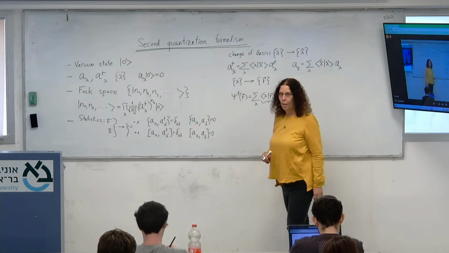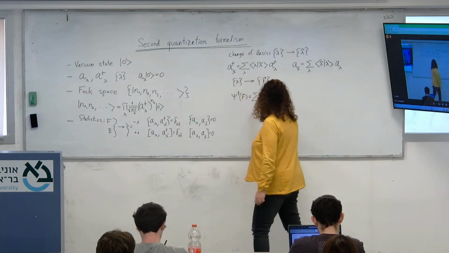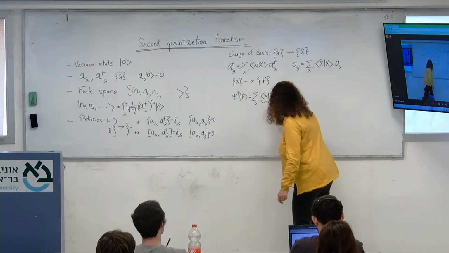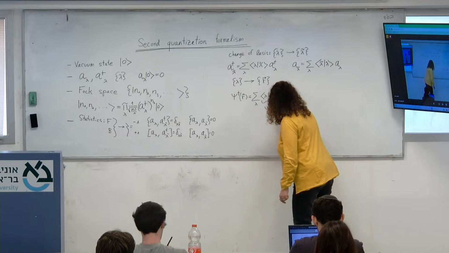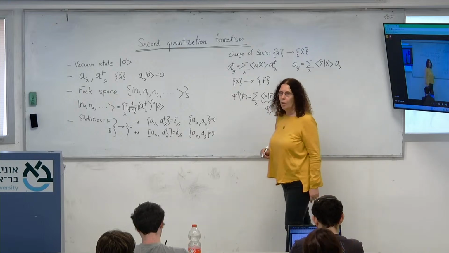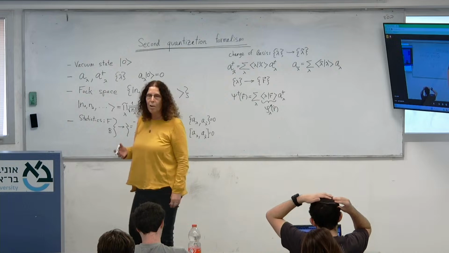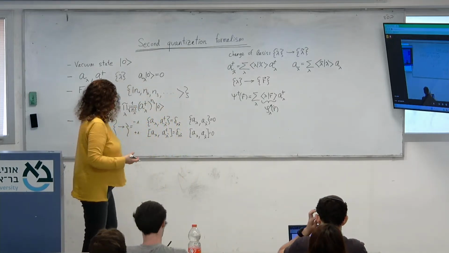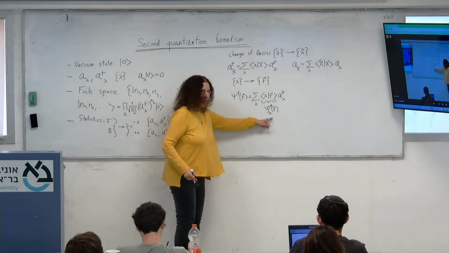The inner product of state lambda with R, or the complex conjugate of it. It's the wave function. It's actually the spatial representation of a wave function of a particle in state lambda.